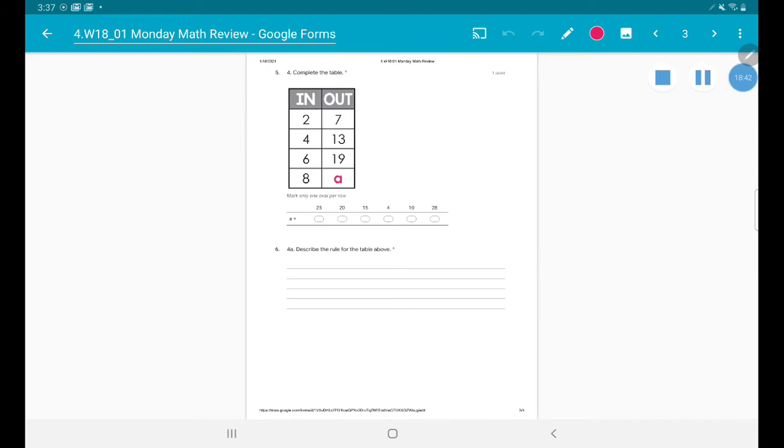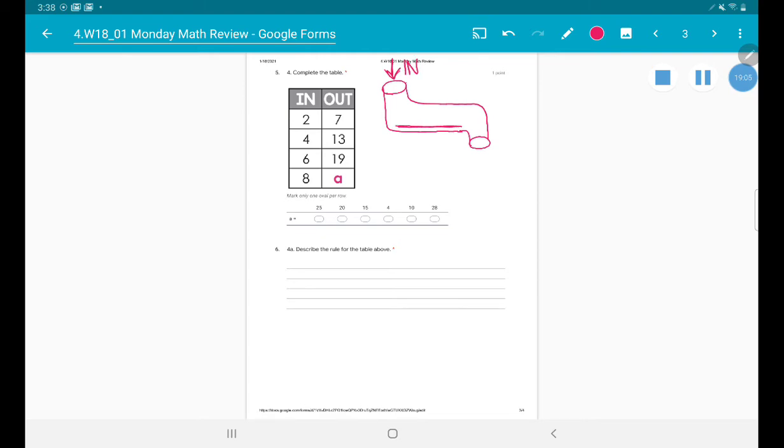Now I have a function table, or an input-output table. So I'm going to draw that funny looking function machine. All right, so if I drop in a number, something's going to happen to it to change it.